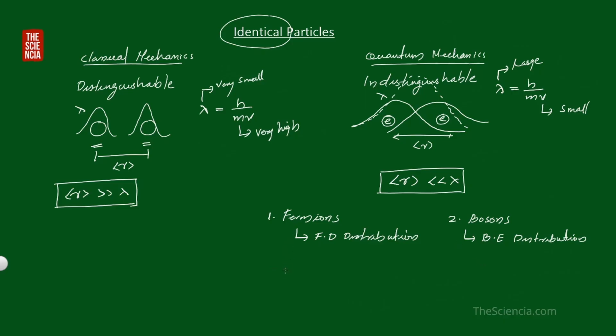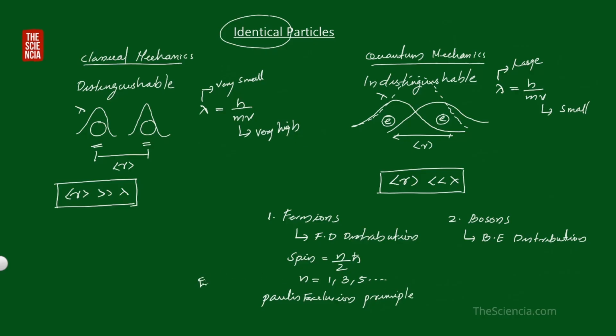And what are fermions? We know the spin of a fermion is n by 2 h cross, where n will be 1, 3, 5, etc., only odd values. And fermions obey Pauli's exclusion principle. Can you say an example for fermions?